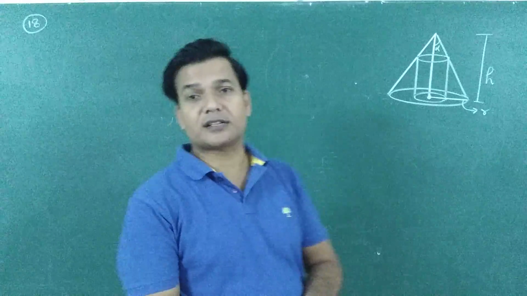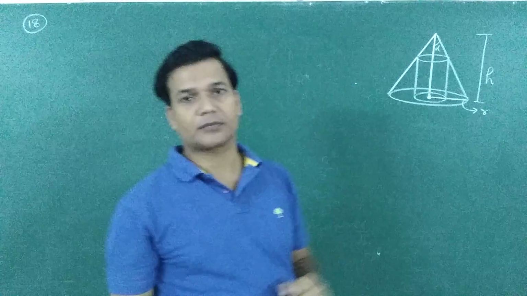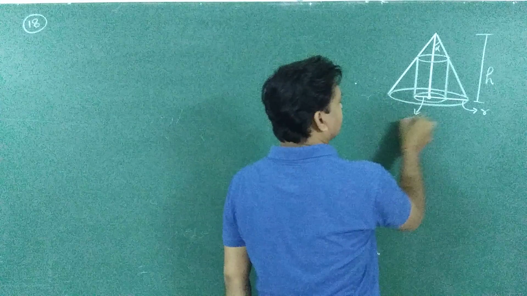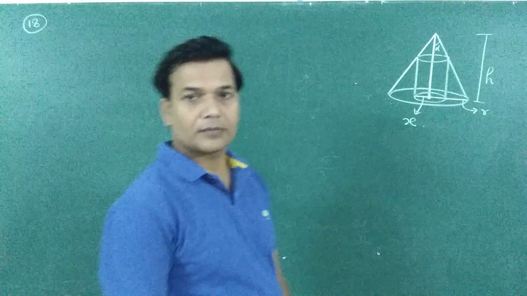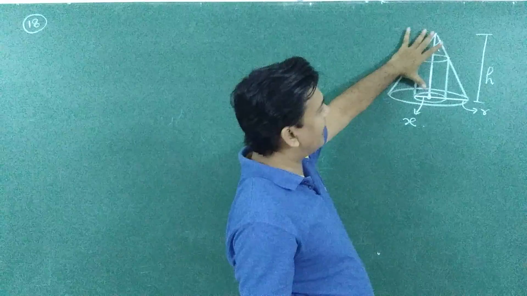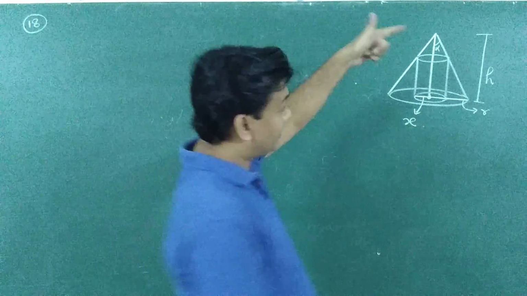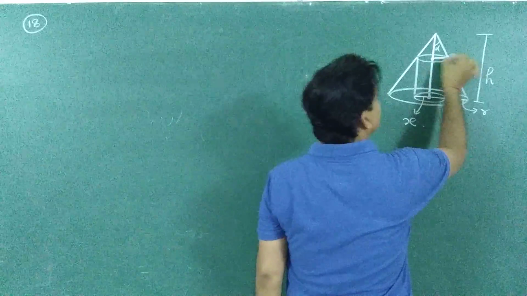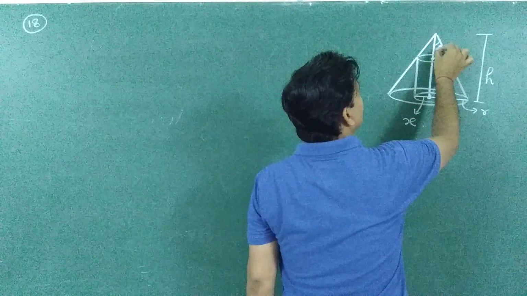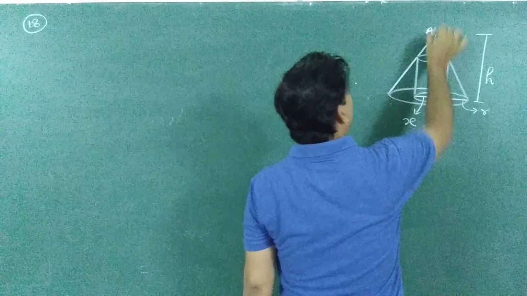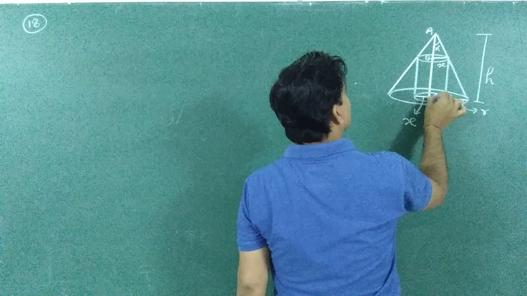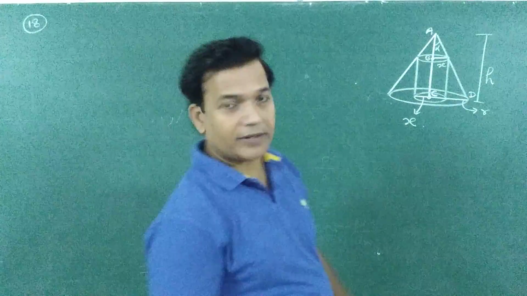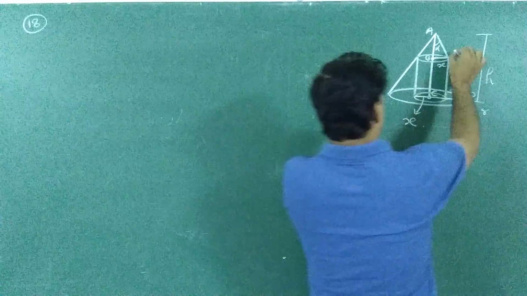Now inside it we have a cylinder. Suppose the radius of this cylinder is x, and the height we have to calculate first, and for that we are focusing on the above part. Suppose this is also x, this one is alpha, then A, B, C and D. Now we are talking about the small triangle ABE.